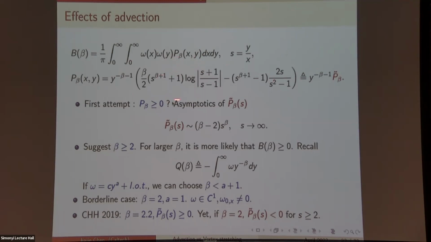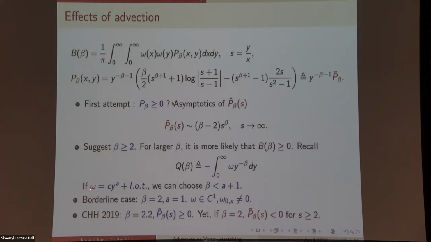Now we can derive the asymptotics of this function. This function I call the S function. We can derive the asymptotics as S goes to infinity. The asymptotics is governed by beta minus 2 times S to the beta. So to obtain the positivity of the kernel, we need beta at least 2. And moreover, for larger beta, it is more likely that this kernel is positive.